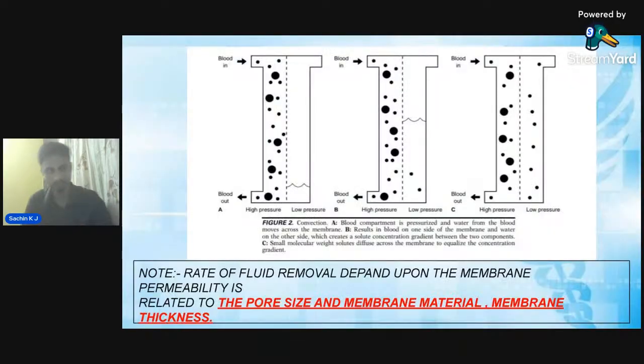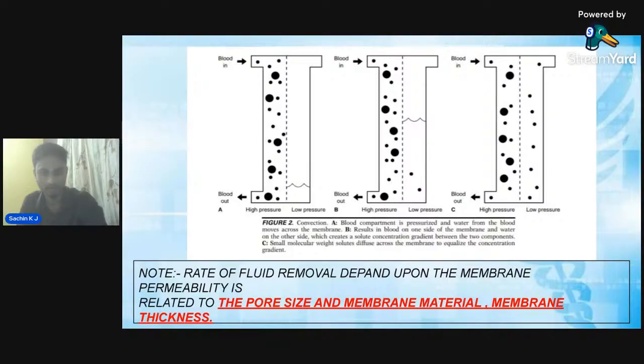Next slide. Here I'm giving one example for convection. See this first diagram: the blood compartment is pressurized and water from the blood moves across the membrane.